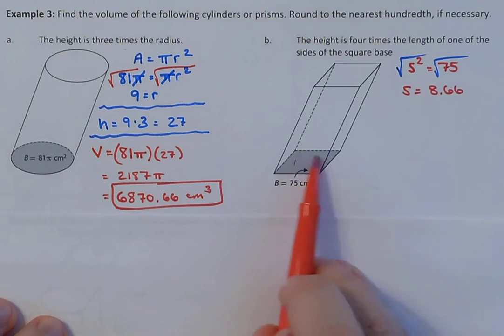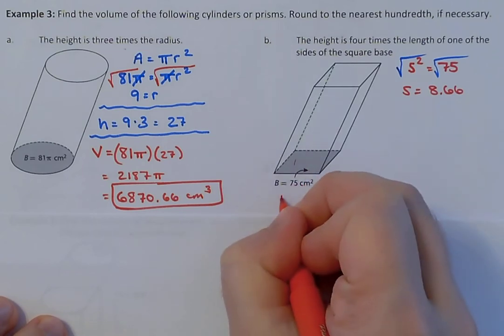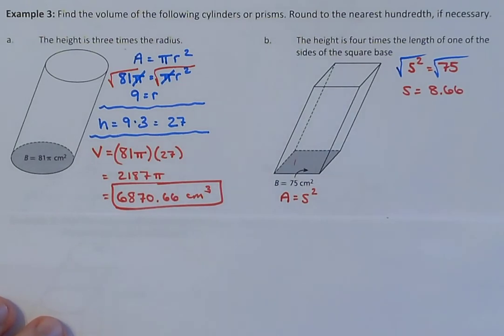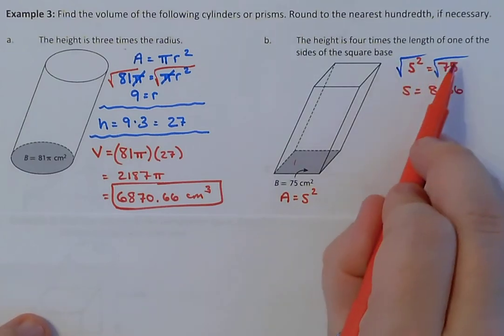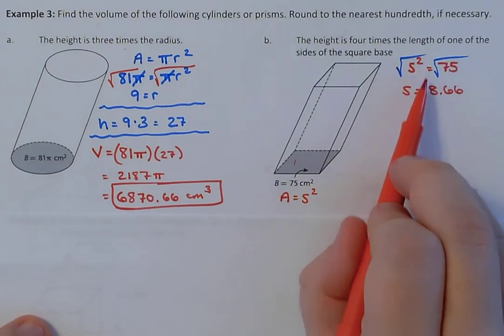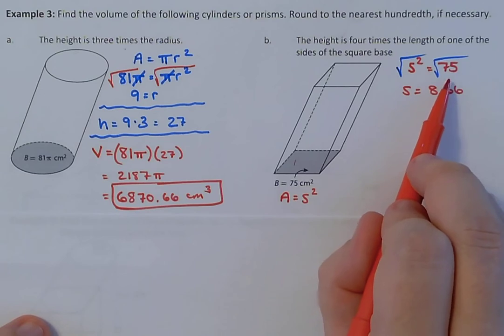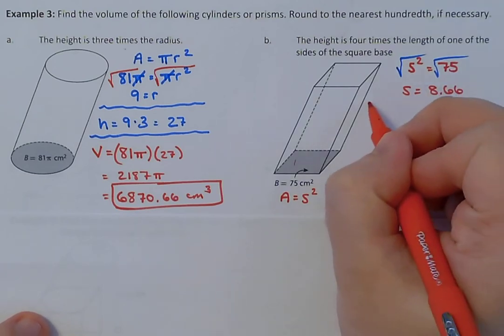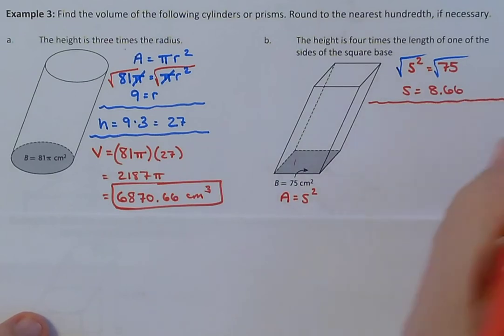The area formula for a square is A equals s squared, so we plugged 75 in for A. To solve for s, you take the square root, that cancels out the squared. The square root of 75 is 8.66. So that is our first step.